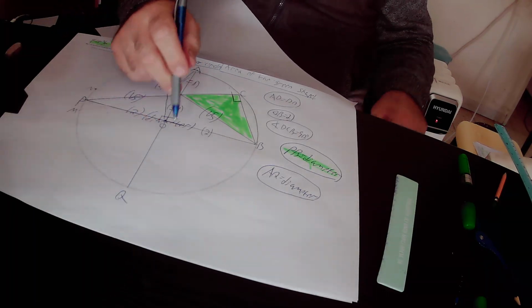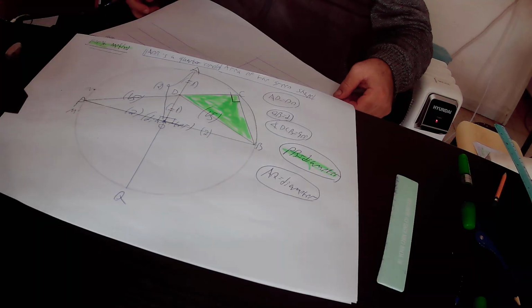Again, AD times DQ equals CD times DP. So, write it down.